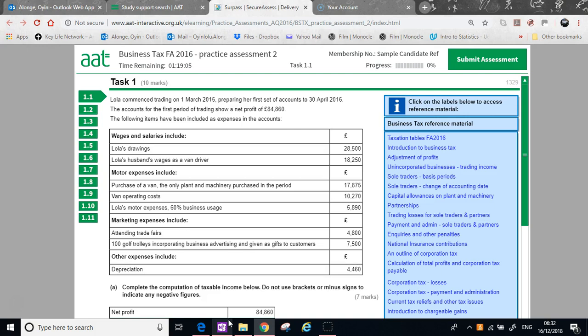She's attended trade fairs, that's perfectly fine. The gifts, the golf trolleys, at first seem okay, but they can't be greater than £50. She's done 100 times 50, which is 5,000. So unfortunately, all of it is not allowed, and depreciation is never allowed. So add all of those back, and you should be fine. That's question one done.